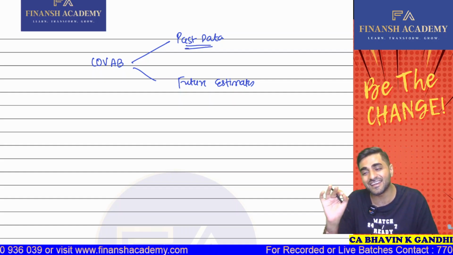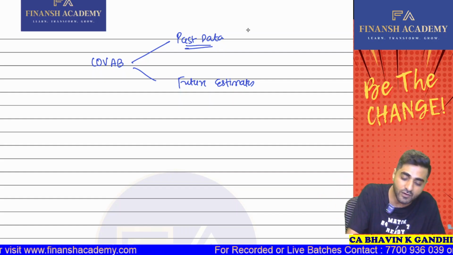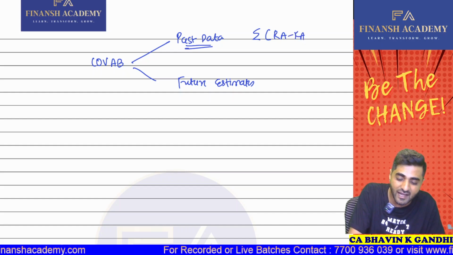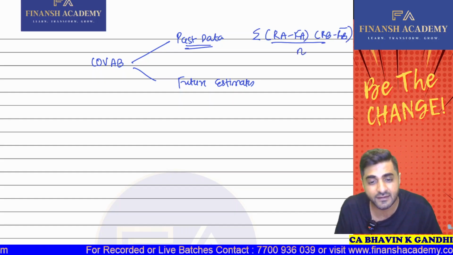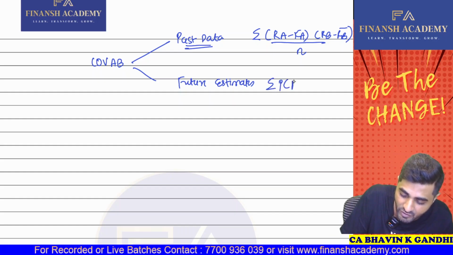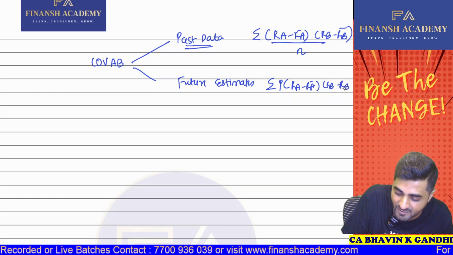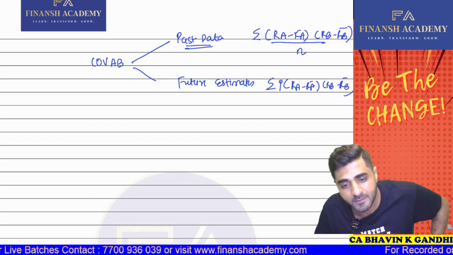In case of past data, we calculate the covariance by taking the summation of (RA minus RA bar) and (RB minus RB bar). This was the formula for joint deviation, which we divide by N. And whenever there were future estimates, we took the summation of probability into (RA minus RA bar) and (RB minus RB bar). This is how we calculate covariance AB.